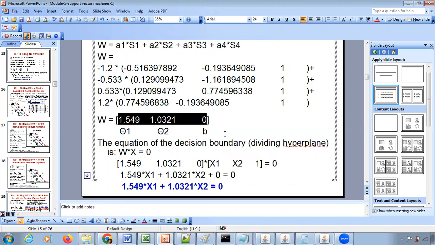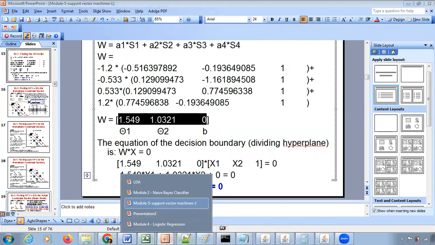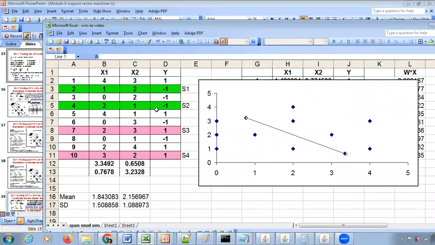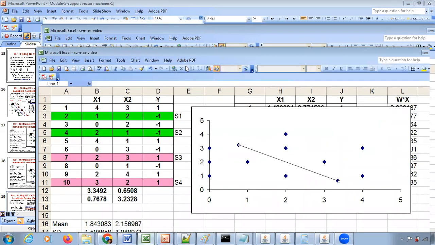So we cannot say the equation for this is 1.549 times x1 plus 1.0321 times x2, because that's for the normalized system. We cannot come up with an equation using the theta1, theta2 that we had found, because that's only applicable for the normalized coordinate system.